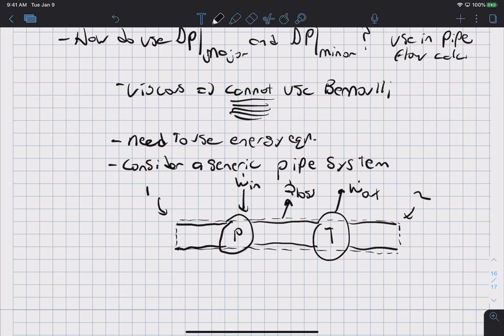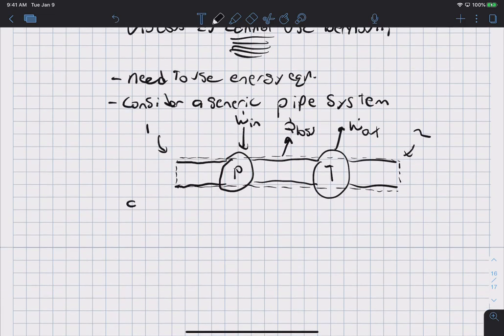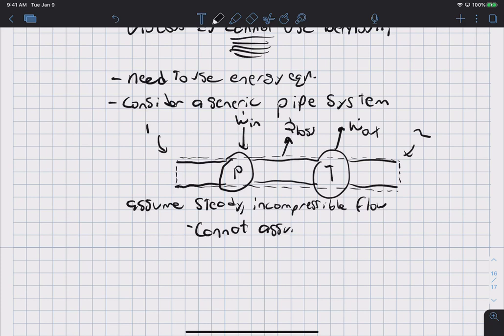Okay, and we're going to assume steady, incompressible flow. However, we cannot assume uniform flow on the velocity vector, okay?